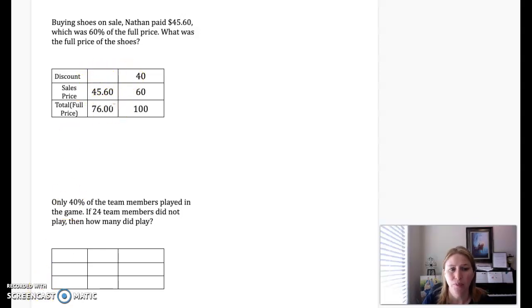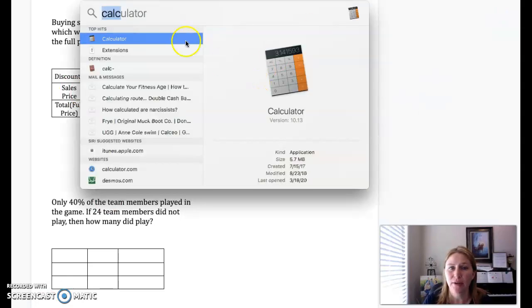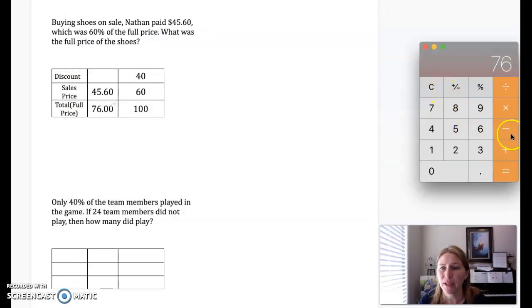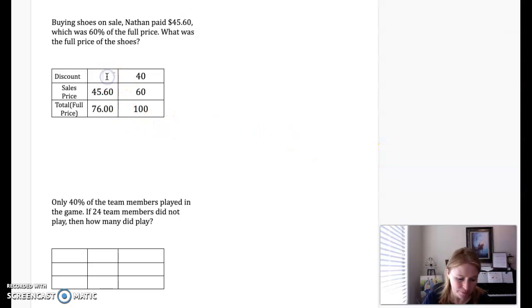So the total price was $76. So to find what the discount actually was, I can just subtract 45.60 from 76, or sorry, I said that backwards, but 76 minus 45.60, and I get $30.40.